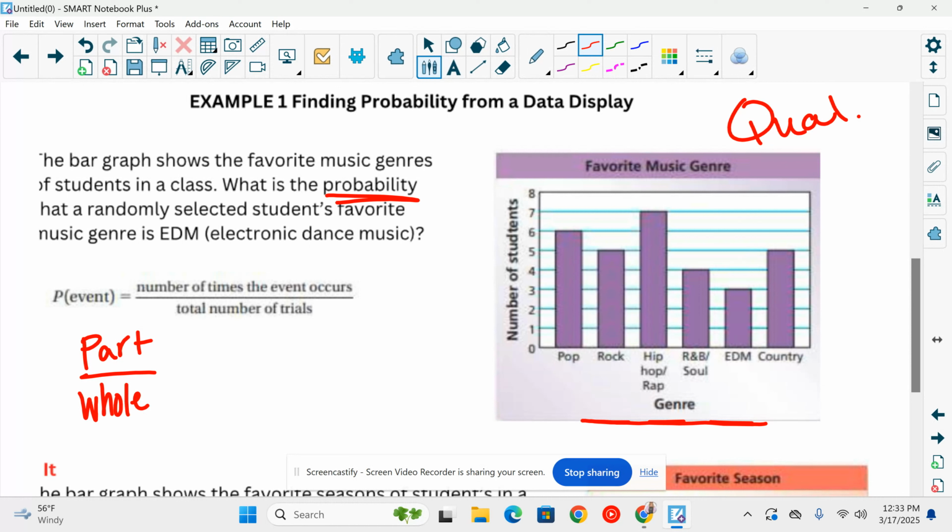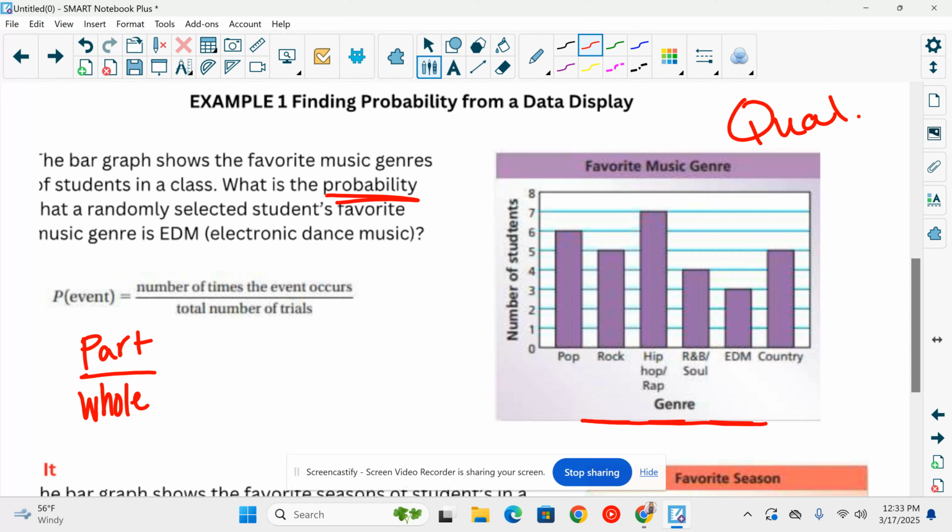So last week when you did the pi day activity, we looked at the first 100 digits of pi. The total possible number of outcomes was what? If we looked at the first 100 digits, how many total possible outcomes were there? 100.